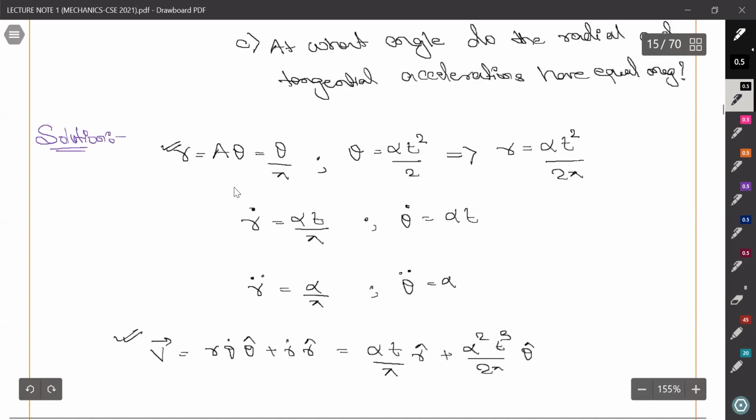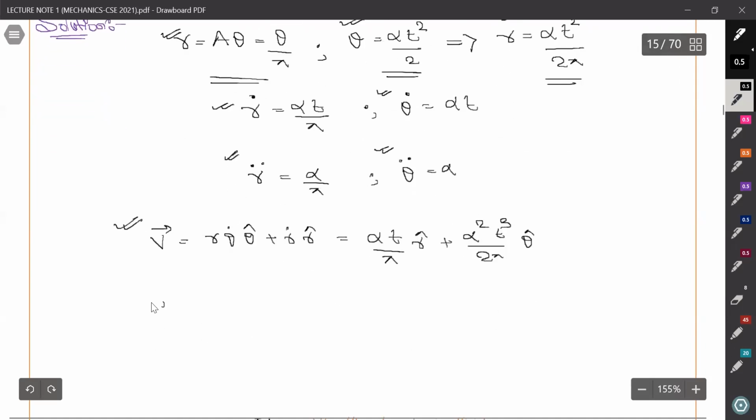We just need to put these values. We are given the equations of r and theta, from which we have derived r dot, theta dot, r double dot, theta double dot, and we just need to put in these values. What is a? I think you are able to remember these things.